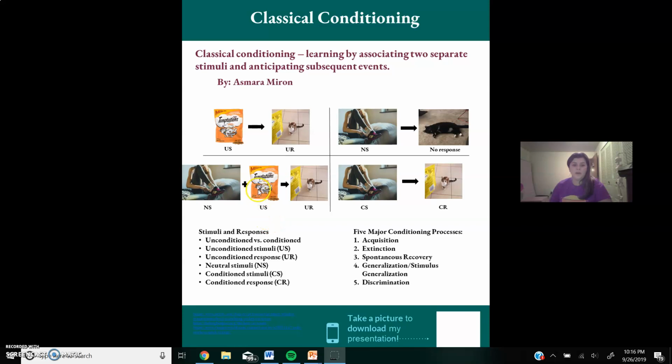However, if the US, me shaking the treats, occurred before the NS, me putting my shoes on, classical conditioning wouldn't necessarily occur, because classical conditioning is biologically adaptive, which basically means that over time humans and animals have learned to survive by responding to stimuli that would help them acquire food, find shelter, find a mate, avoid danger.